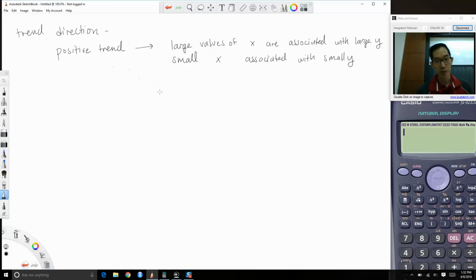So the snakes would be an example of positive trend. Snake length and snake weight has positive trend.